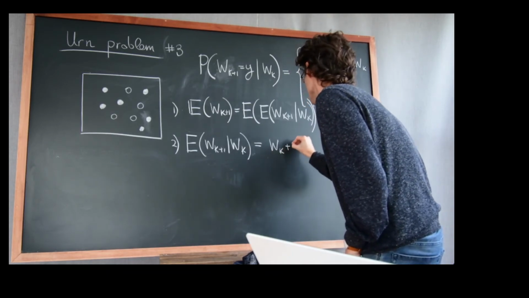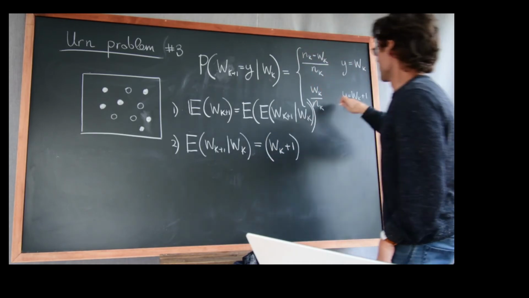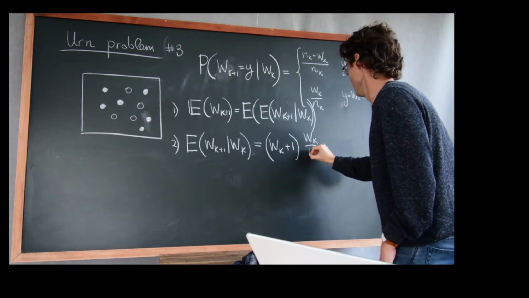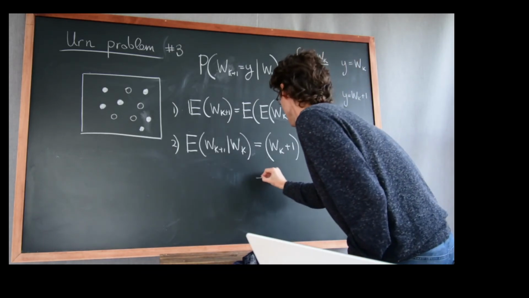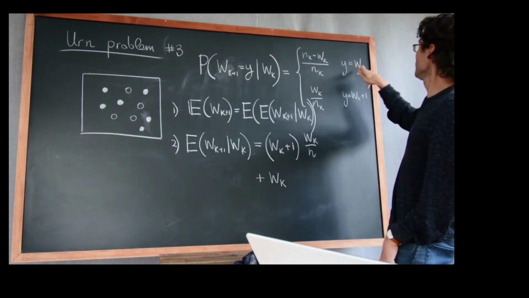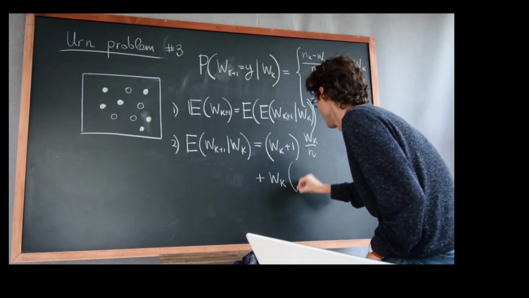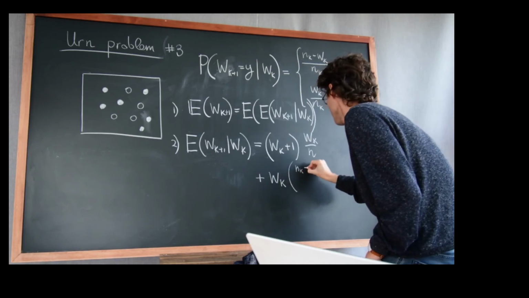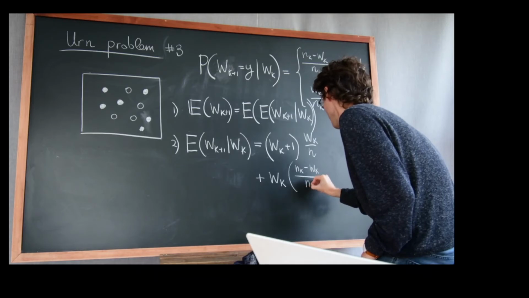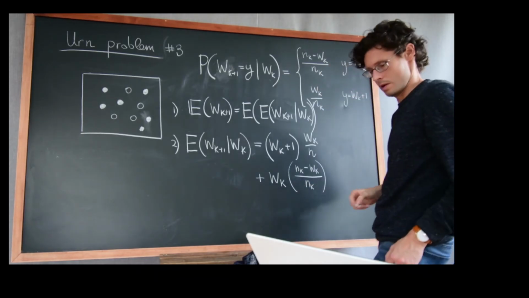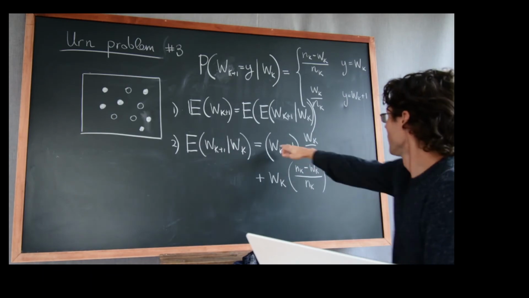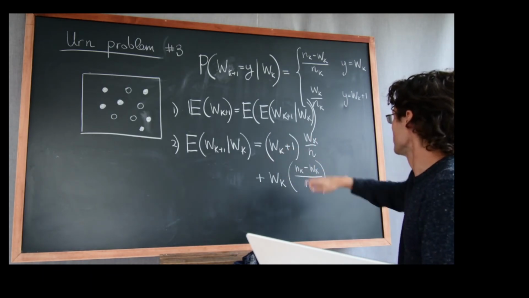WK +1, that's this outcome with this probability. So you have WK over NK plus WK is this outcome with this probability, NK minus WK over NK. All right, almost there. Let's see, something's going to cancel. Quadratic cancels out.